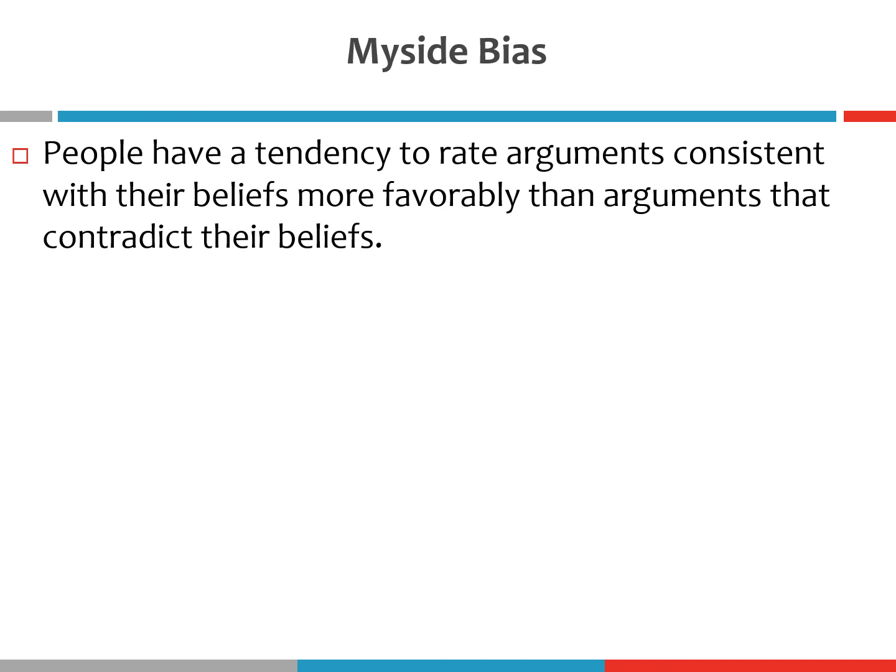The best way to explain the my side bias is to give you another example of an experiment. A really famous experiment was conducted by Lord and colleagues. Essentially, by means of a questionnaire, they identified one group of participants in favor of capital punishment and another group who were opposed to capital punishment.